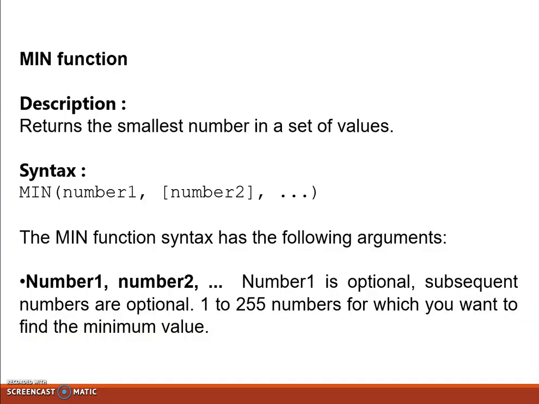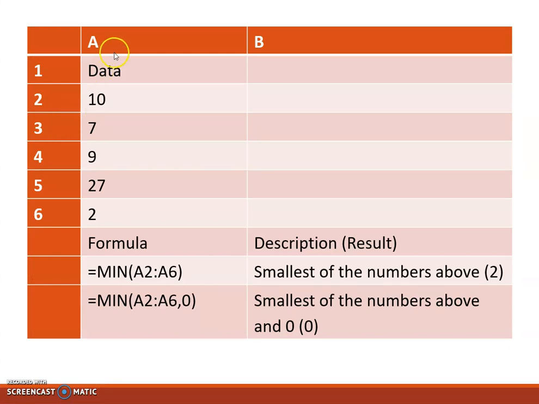Now this is simpler, the min function. What does it return? It returns the smallest number in the set of values. The syntax is similar, equal to MIN and the numbers in the bracket. Now here I have the data from A2 to A6 again.